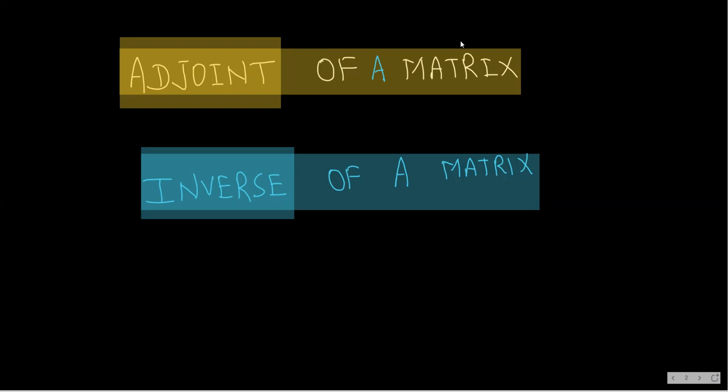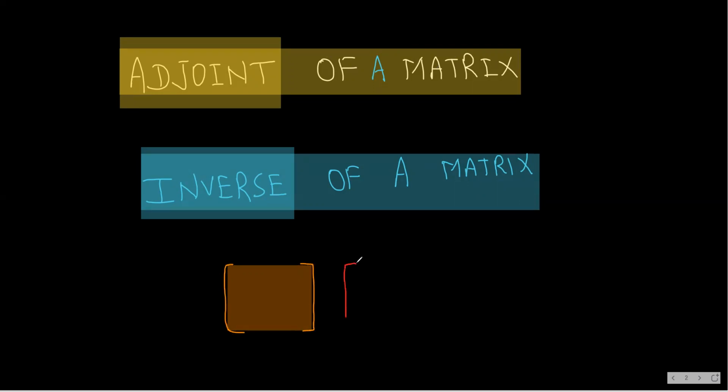So suppose you have a matrix here. You want to find inverse of this matrix. This is, say, an orange matrix, some matrix which has some numbers. And I want to find the inverse of this matrix. The inverse of this matrix will also be a matrix.